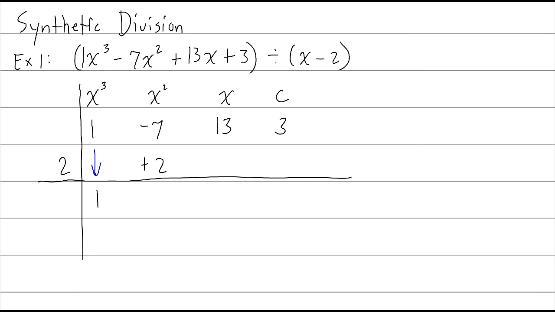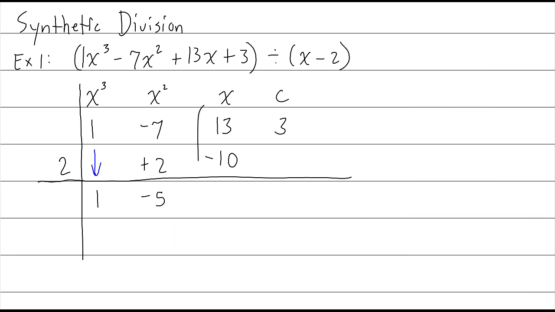Now you see this is an addition problem, so you can just add them up. Negative 7 plus 2 is negative 5. Now again, here's 2 times negative 5. 2 times negative 5 is negative 10, so I'm going to bump that up and to the right. Negative 10.